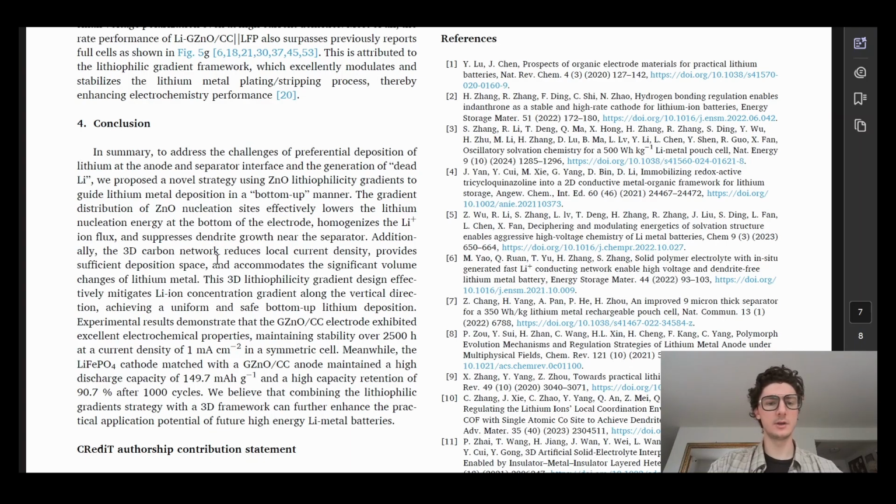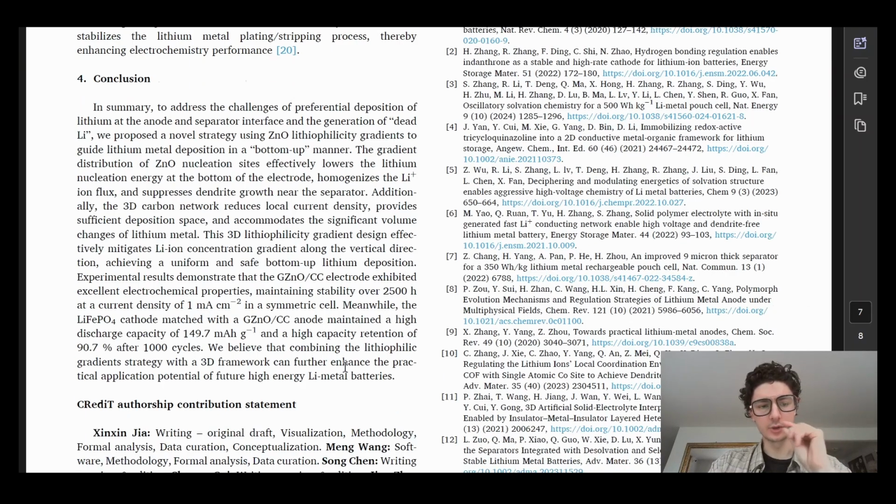Additionally, the 3D carbon network reduces local current density, provides sufficient deposition space, and accommodates the significant volume changes of lithium metal. This 3D lithophilicity gradient design effectively mitigates the lithium ion concentration gradient along the vertical direction, achieving a uniform and safe bottom-up lithium deposition. Experimental results demonstrate that the gradient zinc oxide/CC electrode exhibits excellent electrochemical properties.